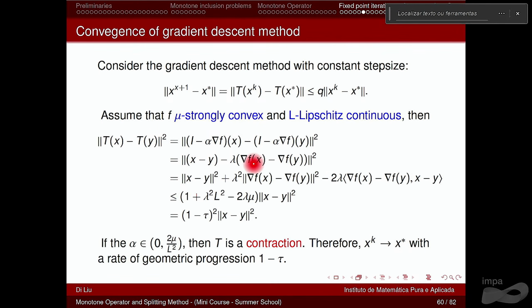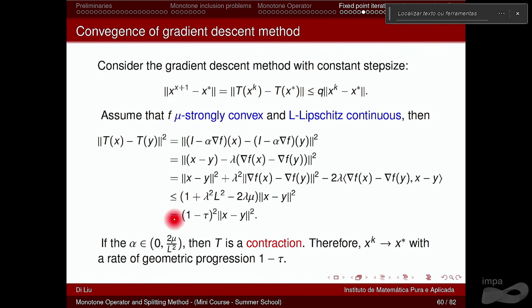For this term, since f is L-smooth, the gradient is Lipschitz continuous. So we use that the gradient is Lipschitz continuous for the second term, and for the third term we use the strong convexity. So we can get this less than or equal to, because you have a minus here, the minus plus the strong convexity, you get this inequality.